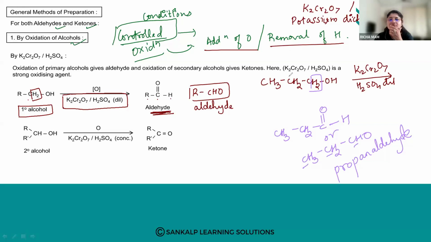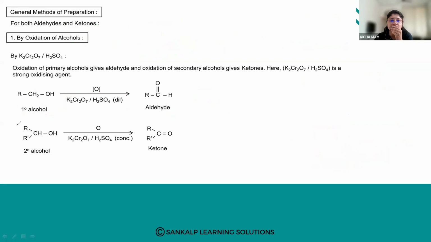So this was about primary alcohol. Now if we take a secondary alcohol, we are doing oxidation in the presence of K2Cr2O7 and concentrated H2SO4. When we treat our secondary alcohol with concentrated H2SO4, we are going to get a ketone.